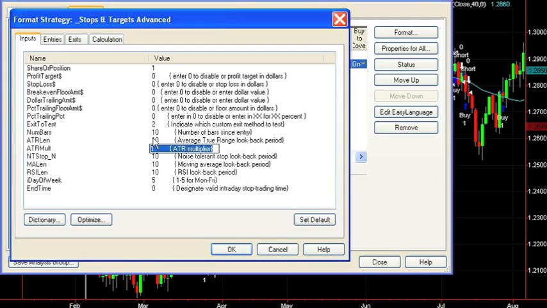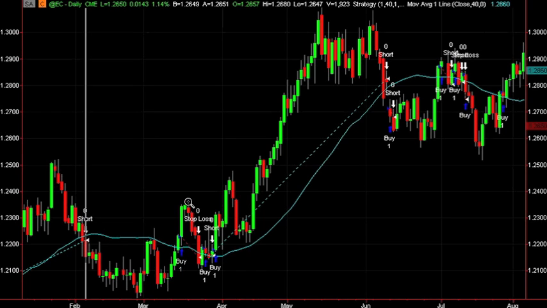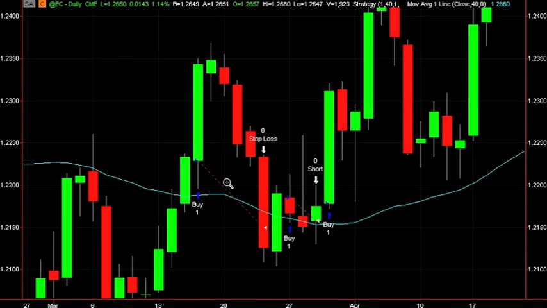What would happen is our moving average cross would get us out. So let's just change that to a 1. And here you can see our stop loss is being hit as it's going to be falling below 1 ATR based on the average true range.